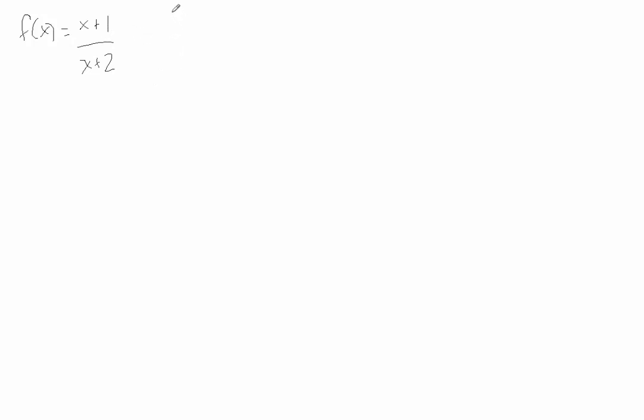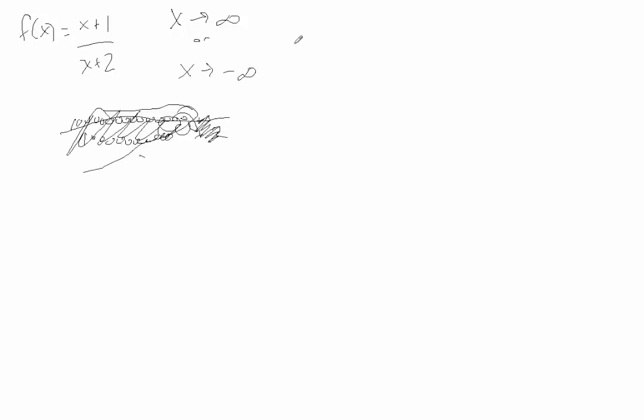What happens as x goes to infinity or as x goes to negative infinity? As we talked about before, say you have some big number, 1 with 82 zeros after it. What happens to the top and the bottom of the function?